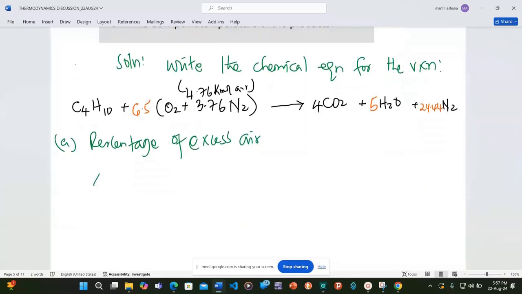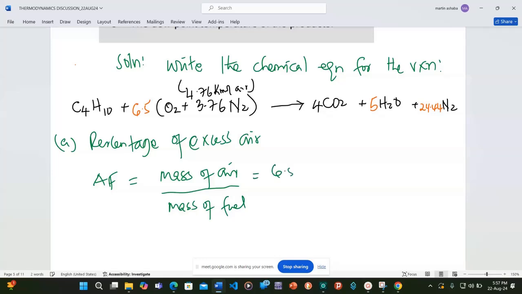So we already know that air fuel ratio is equal to mass of air divided by mass of fuel. Mass of air, we have 6.5 times 4.76 times the molecular mass of air, which is 29. We divide it by mass of fuel.